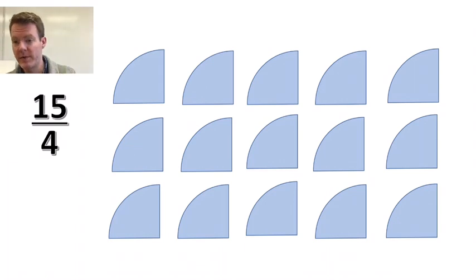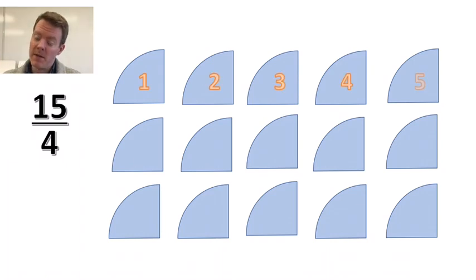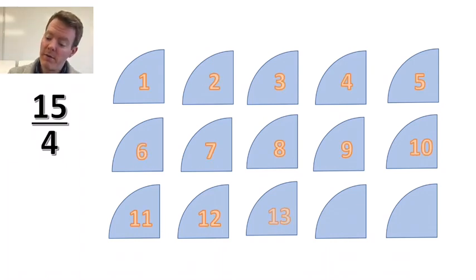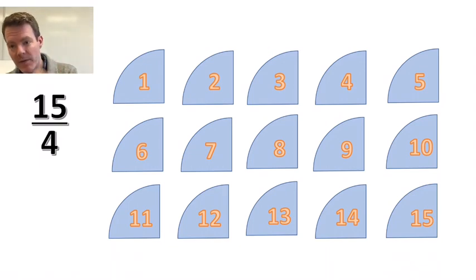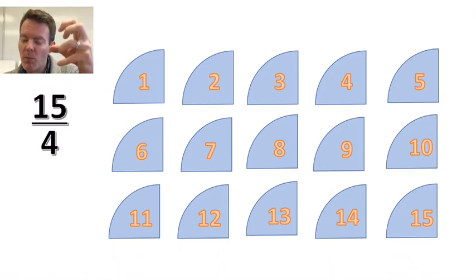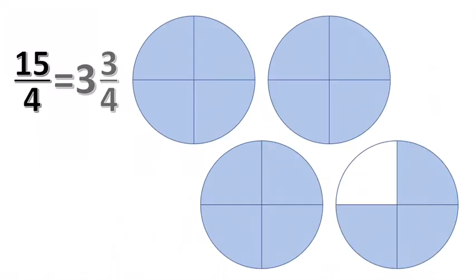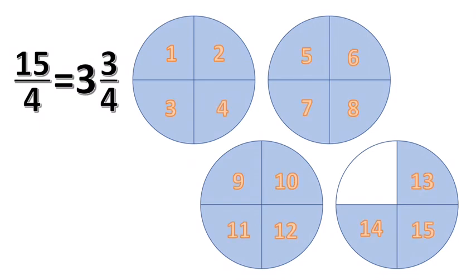Now the reason we call it 15/4 is because there are 15 of them and they are all fourths. But again, 15/4 can be written as a mixed number because it is more than a single whole. In fact, 15/4 is 3 3/4 because for every 4 of them, you get a whole.